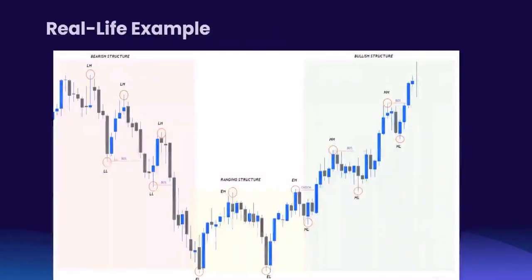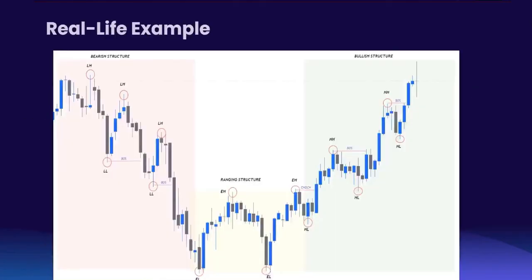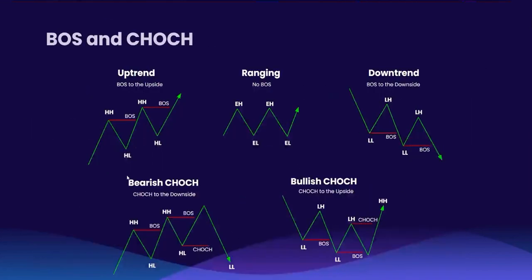Okay, let's have a look. So it's basically this right here: lower highs, lower lows, breaking structure to form lower lows. Ranging: equal highs, equal lows. Then bullish structure, right here: higher highs, higher lows, break of structure to form higher highs.